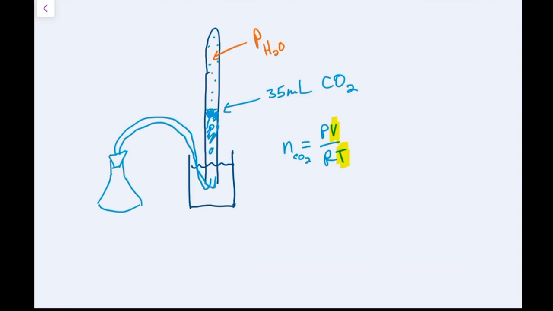So what I have to do, if I want this to truly be the pressure of CO2, is take the total pressure and subtract the pressure due to the water vapor in the tube, because there's going to be some evaporated water, and that will actually give me my pressure of CO2, which I would then plug into the ideal gas law.